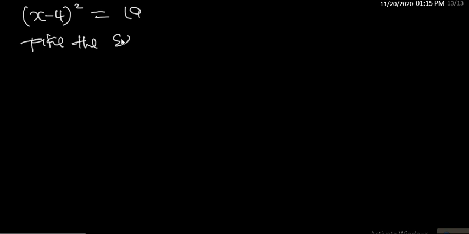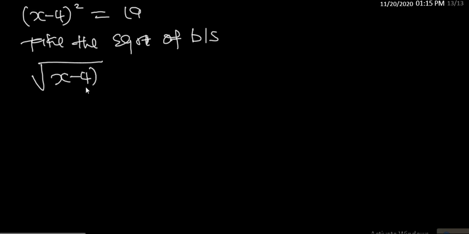So solving that equation, we have x minus 4 squared equals to 19. Now take the square root of both sides. That will give us the square root of x minus 4 squared equals to plus or minus the square root of 19. And square will cancel square root here.